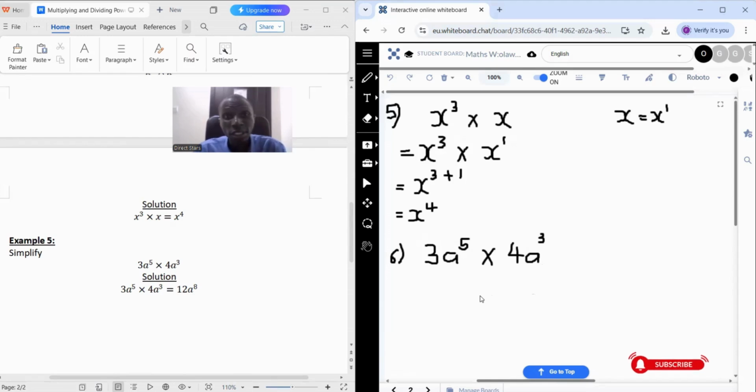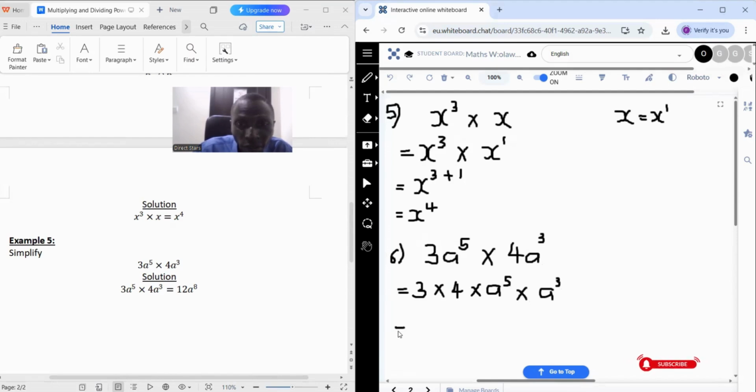So what we're going to do here is to multiply the numbers and also multiply the variables. So we're going to have this to be equal to 3 multiplied by 4 multiplied by a raised to the power 5 multiplied by a raised to the power 3.